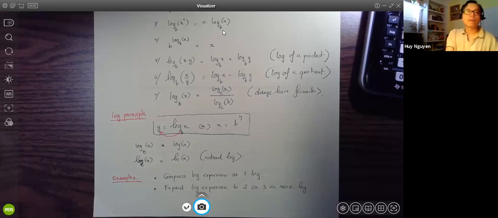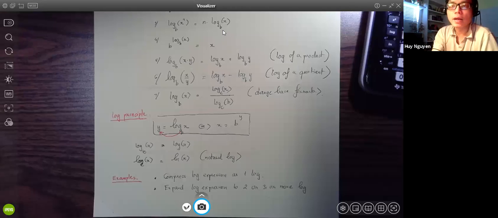So one question will be compress: they give you a bunch of logs, and you must compress or condense them as one log. And the second type is they give you one log only, and you have to expand it. You make it bigger.